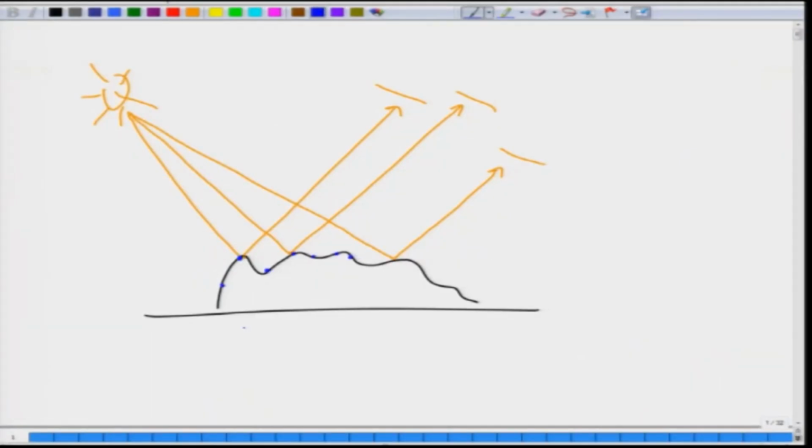So, you want to find out the x, y and z coordinates of each and every point that is there on the surface, and you are doing all of this without touching the surface, you are doing it from a distance. So, it is a method that is using remote sensing or sensing from a distance, and the aim is to find out the x, y, z coordinates of different points, or in other words we can say the spatial arrangement and the spatial distribution of different points on the surface.